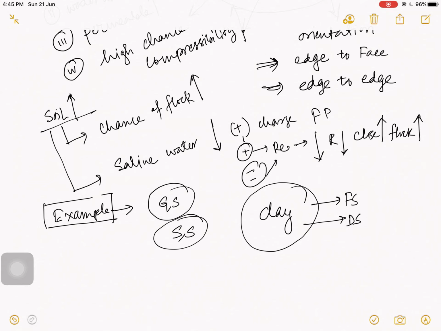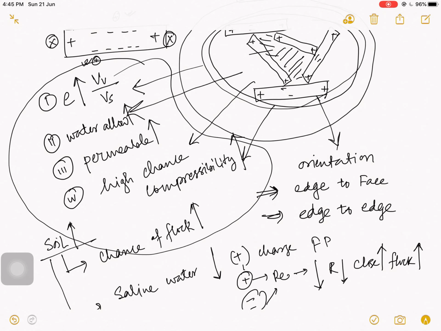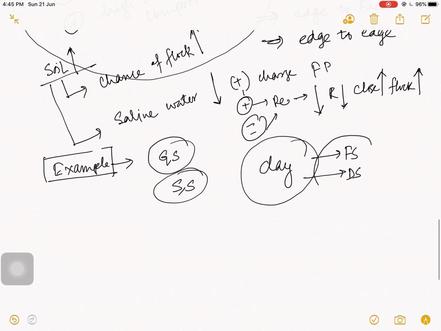And this flocculent structure and dispersed structure is very important for civil engineering students. Otherwise, you have to memorize this small relation. If you start memorizing, then you will just finish. That is why I am making a separate video regarding flocculent structure, dispersed structure as well as their comparison.